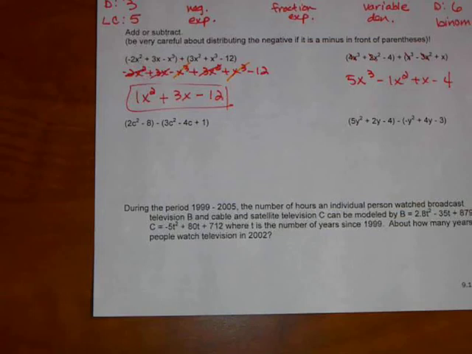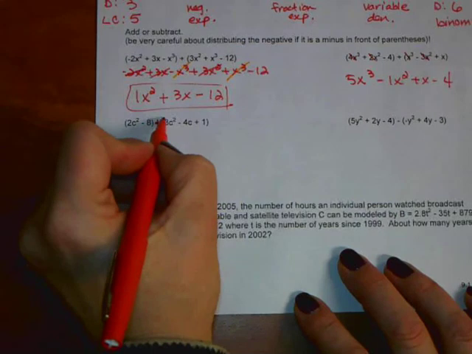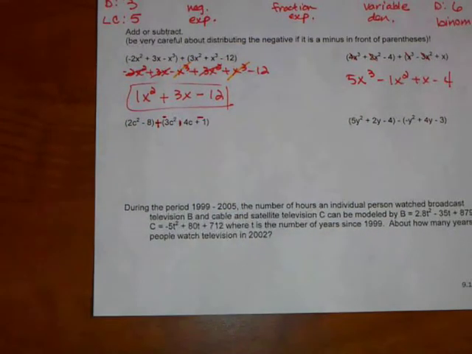And we would have to distribute that negative 1 through all of those. And ultimately what that does is it just changes the sign of everything in here, doesn't it? So the easy way is to change this to a plus and change all of these to their opposite sign, because you're distributing that negative 1.